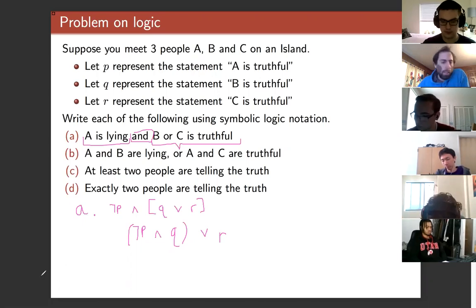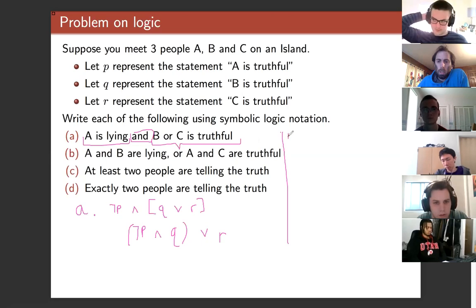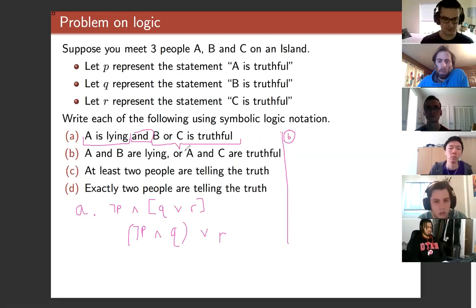All right, let's get started on these 3 problems, just so that we can make sure that we get through them. So let's do B first. We have that A and B are lying, or A and C are truthful.